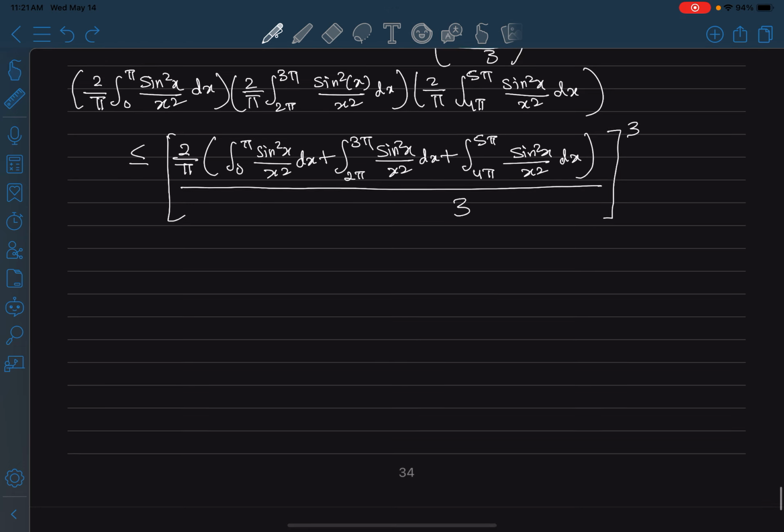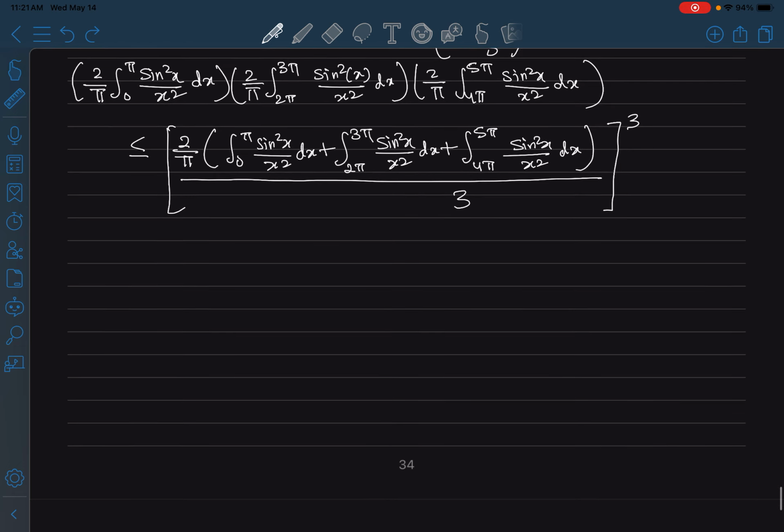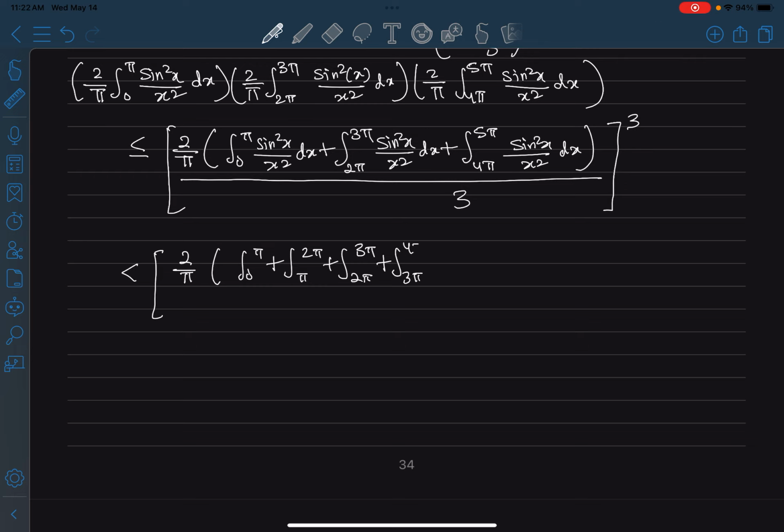So since there's no such quantity, what you can do is, this will be strictly less than the integral from 0 to pi, and then from pi to 2 pi, and then from 2 pi to 3 pi, and then from 3 pi to 4 pi, and then from 4 pi to 5 pi of sine square x by x square dx, right?